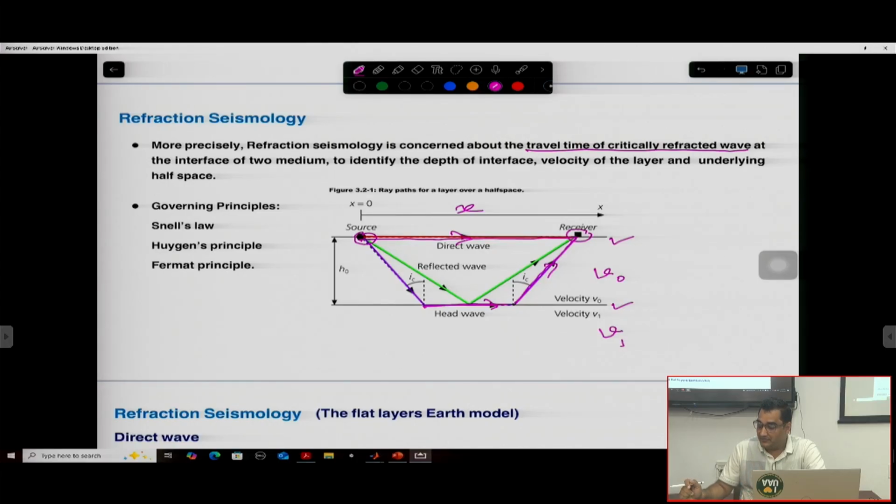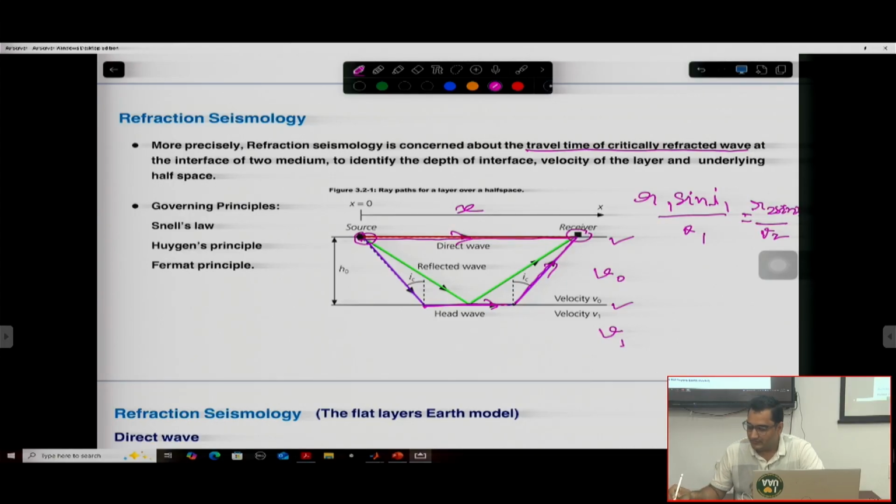The governing principles that you see here will be Snell's law, Huygens principle, and Fermat principle. I think Professor Utpal Datta sir has told you about Snell's law, Huygens principle and the Fermat principle, right. What is Snell's law? Snell's law is nothing but R1 sin I1 upon V1 is equal to R2 sin I2 upon V2.